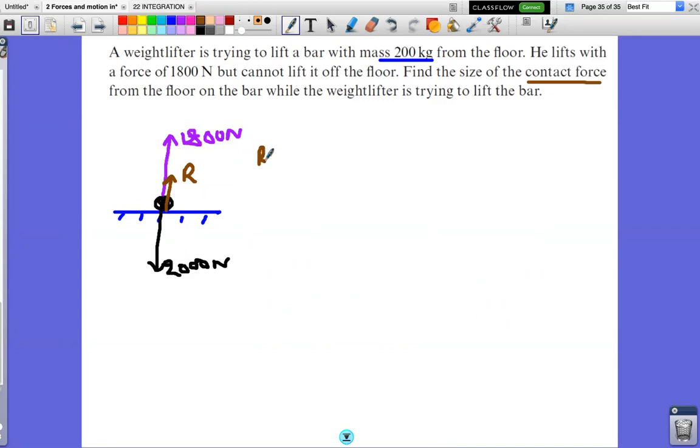So R plus 1,800 should be 2,000, giving us R equal 200 newtons. So the normal reaction will be 200 newtons.